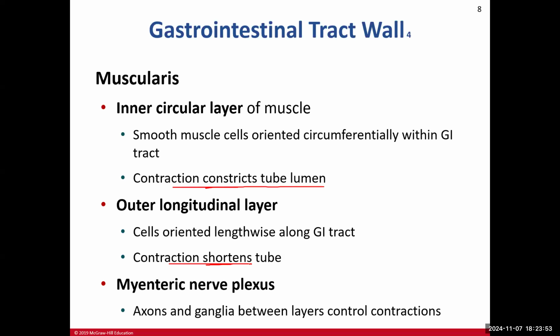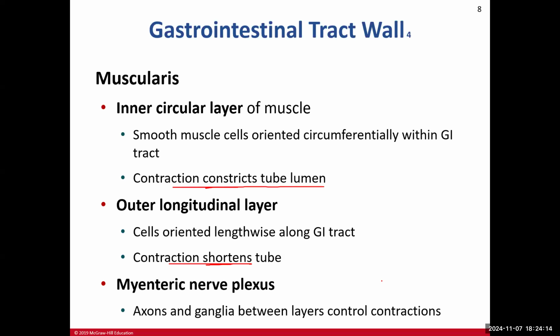So we're going to see here another group of nerves called the myenteric nerve plexus. And we'll get into the specifics here of the enteric nervous system. But the enteric nervous system is a part of our nervous system, and I don't think that anyone learned about that in 210.